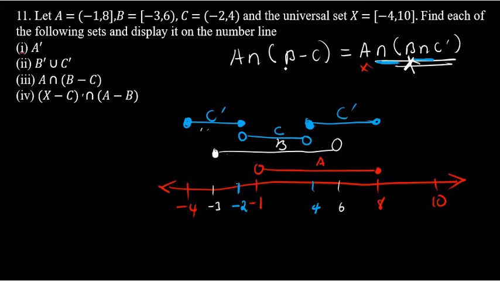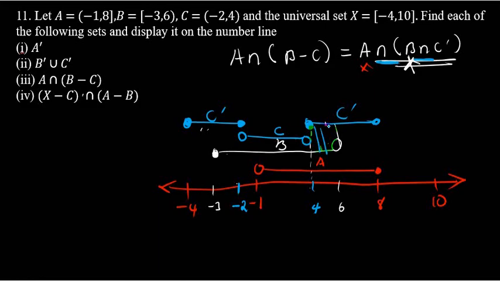How about this side? Where there is a C complement, it is here, where there is 4, right? If you check properly, this is the point which is here.